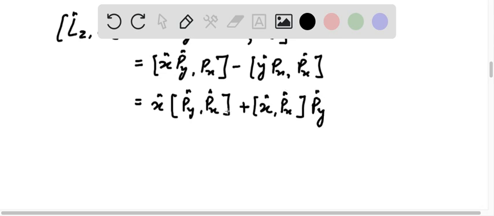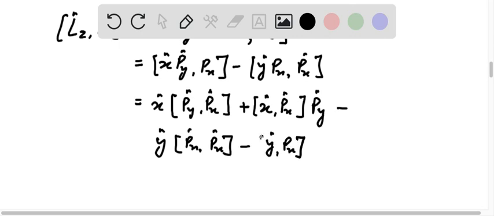Similarly, we will use this one: minus y [px, px] minus [y, px] px.